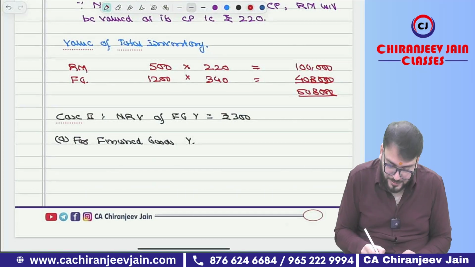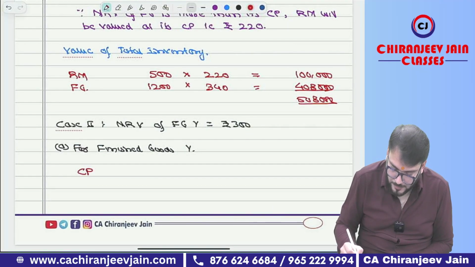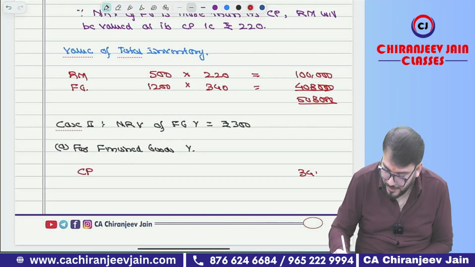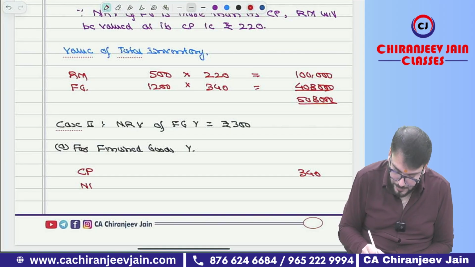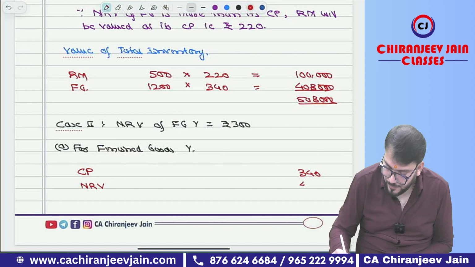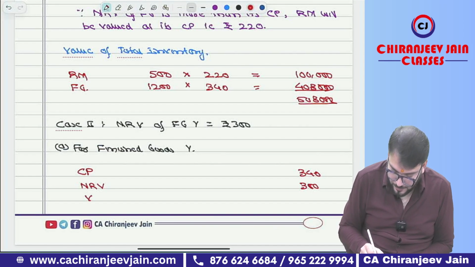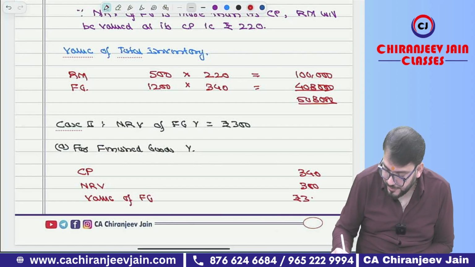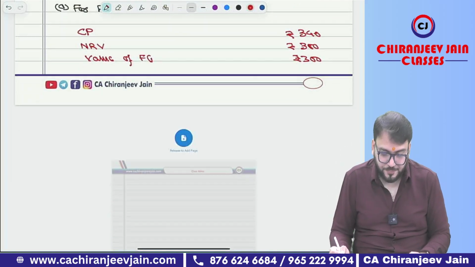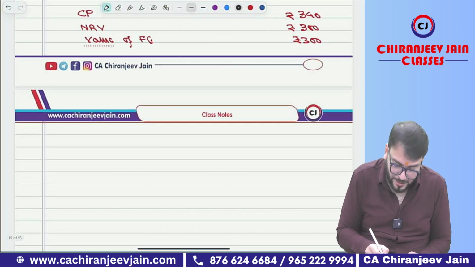So what is the cost price? Cost price 340. NRB is 300. And therefore, value of finished goods will be rupees 300. Okay, sir. Then coming to point number B.